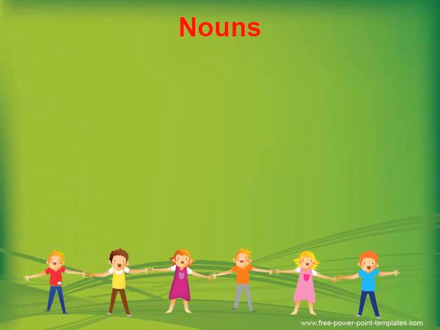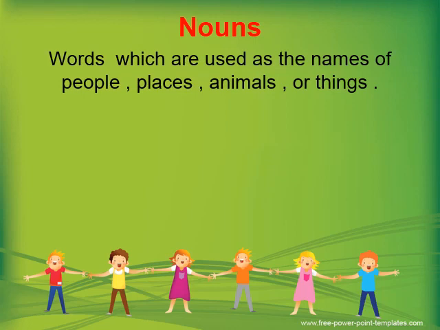In the previous chapter, children, you have learned what nouns are and the different kinds of nouns. So, let us revise it again. Nouns are the words which are used as the names of people, places, animals or things.